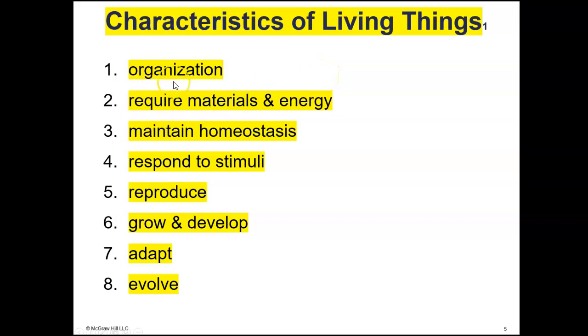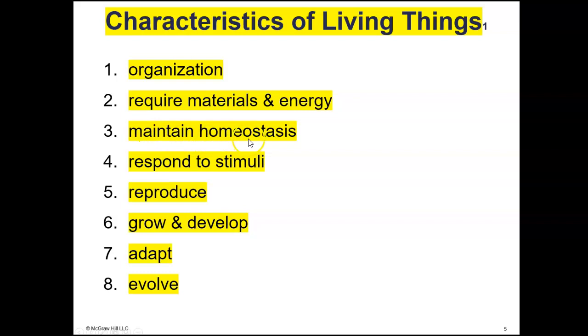But we will go into the levels of organization a little bit more in the next slide. Living things require materials. Often we call these nutrients and vitamins and minerals. And living things also require energy.